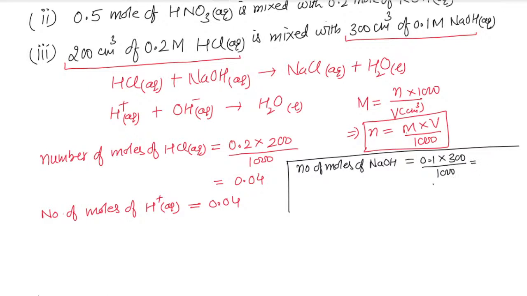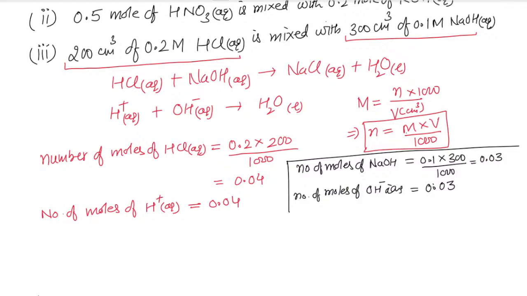So it comes out to be just 0.03, or number of moles of OH negative ions is equal to 0.03.